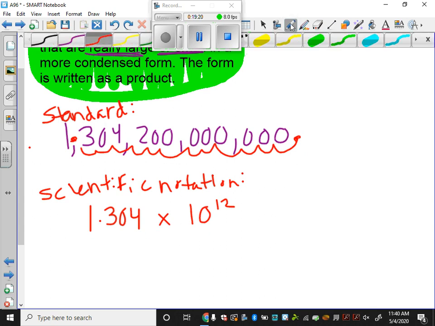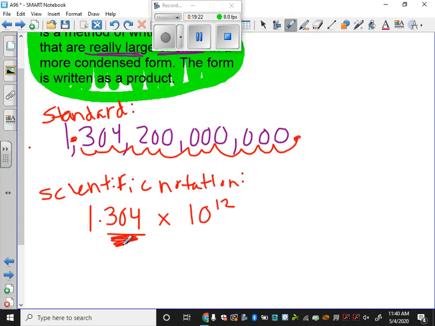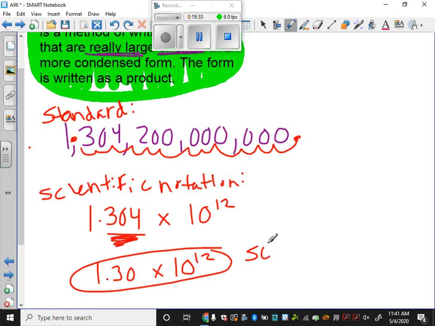Now the other thing is this needs to be rounded to 2 decimal places. So if I were to do that, this would be improper scientific notation.